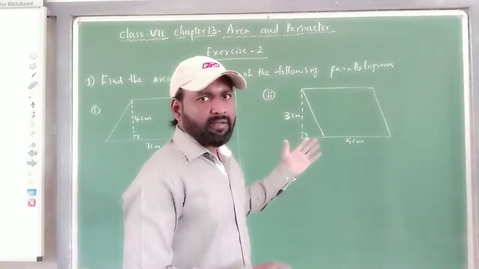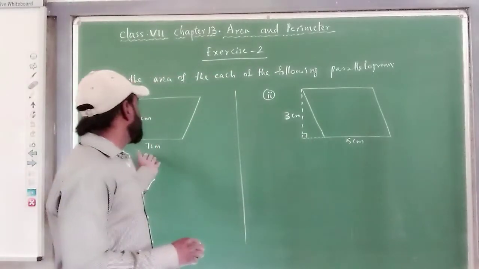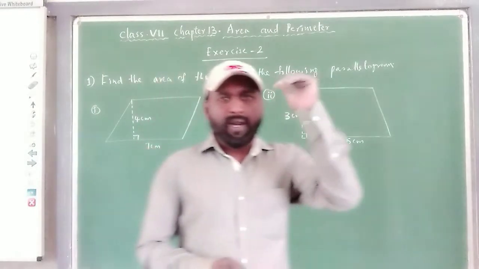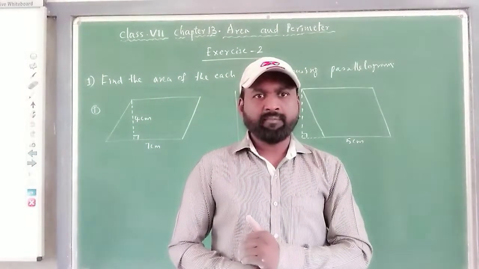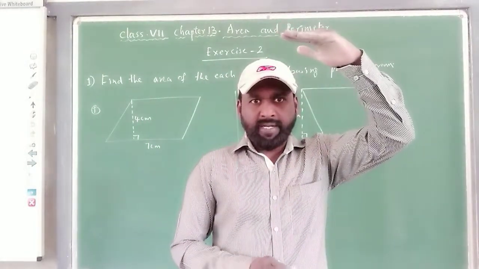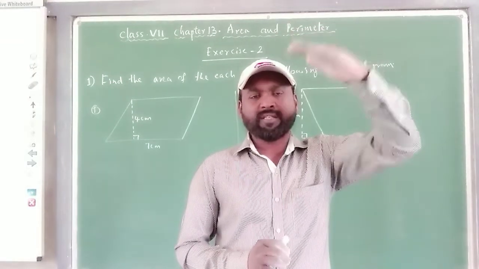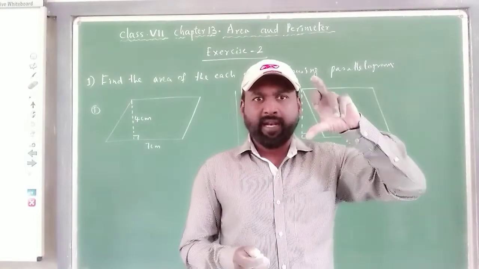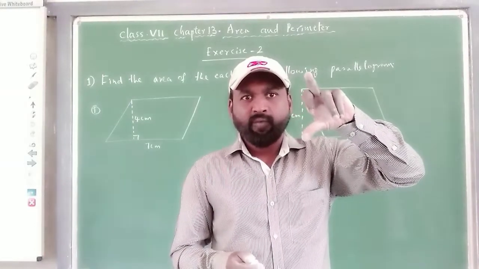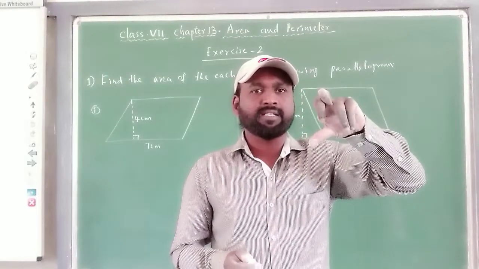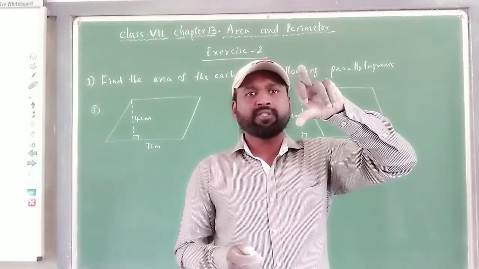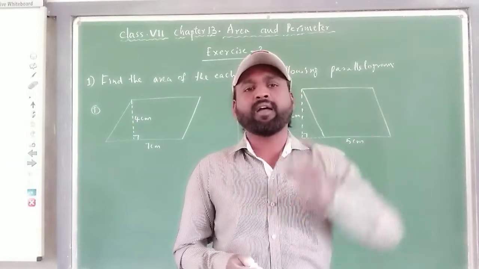In the given parallelogram, what is the base and what is the height? Height means the perpendicular distance from one side to another side. A parallelogram means two pairs of opposite sides are parallel to each other. The perpendicular distance between the two pairs of opposite sides, that is called the height.